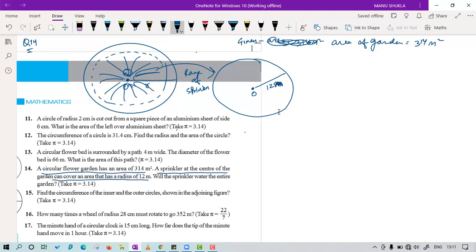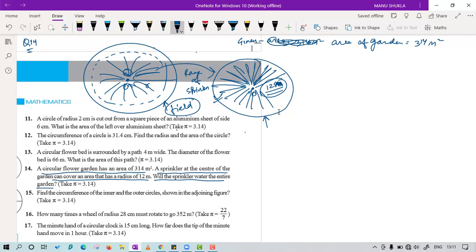Now, what the question wants you to check is that if I keep this sprinkler which has a range of 12 meter, it means it can irrigate till 12 meters. Is this sprinkler good enough for our rose or this flower bed? So we have to check this thing. Will the sprinkler water the entire garden?